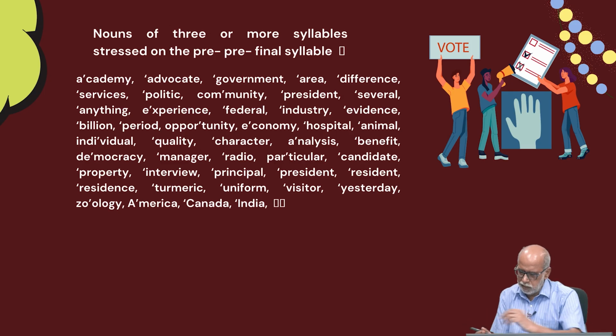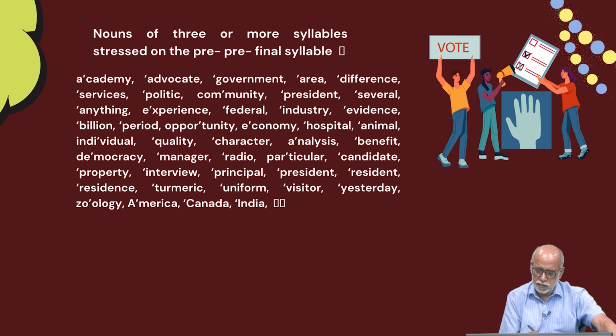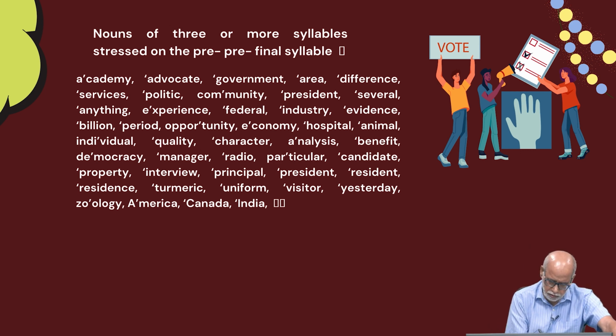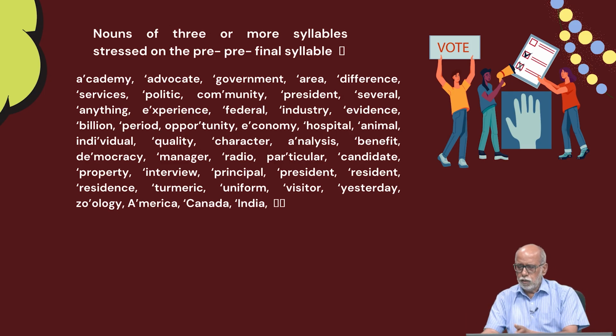So, in the Latin terminology, this is known as the rule of anti-penultimate. Okay, anti means before, pen means almost, ultimate means final. Okay, so before final, that is what I have said, pre-final.